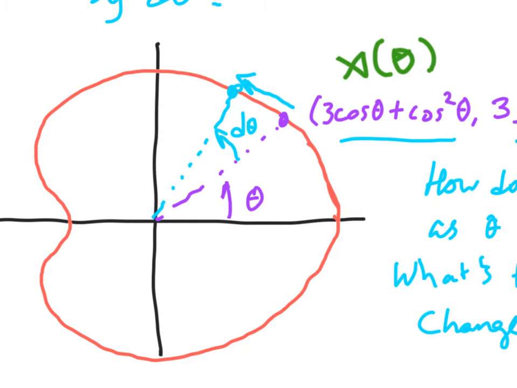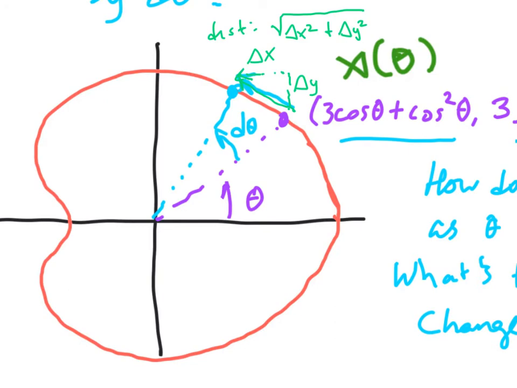This is the distance I'm moving in going from one point to the other. Well, that distance is made of some change in vertical position, delta y, and some change in horizontal position called delta x. So that distance is going to be the square root of delta x squared plus delta y squared.